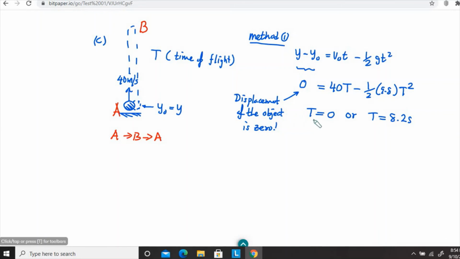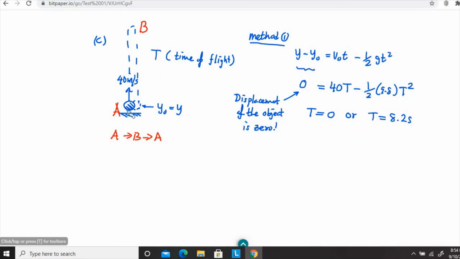So obviously T equals 0 corresponds to the initial time when the object is projected, because at T equals 0, the particle is at that initial position.